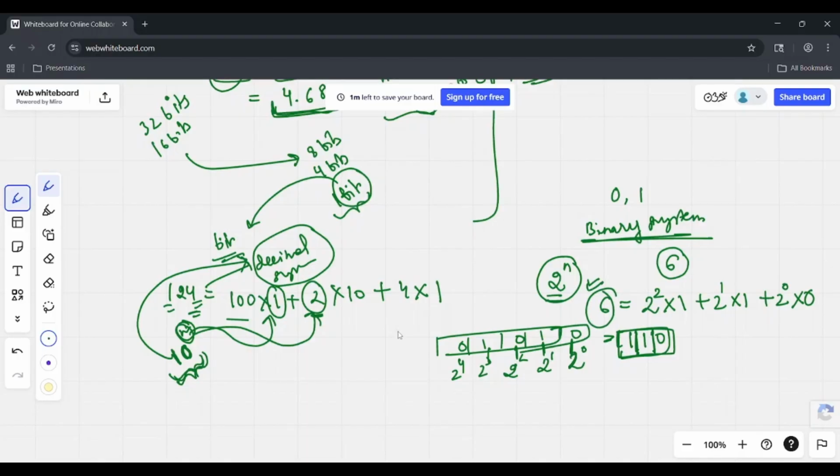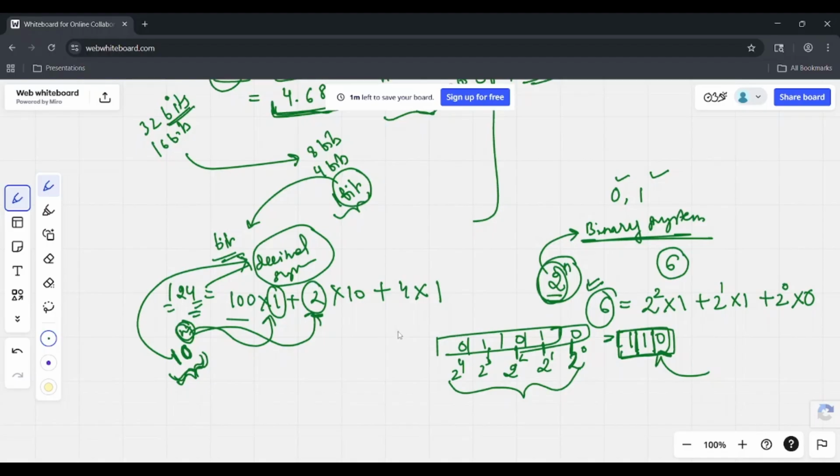So this is what the bit system is, and in a similar fashion we try to store decimal values as well. The method is a little different, but the basic concept is still the same. We use base 2 in the binary system, and numbers are only represented in the form of 0 and 1. So this is the concept of bits.